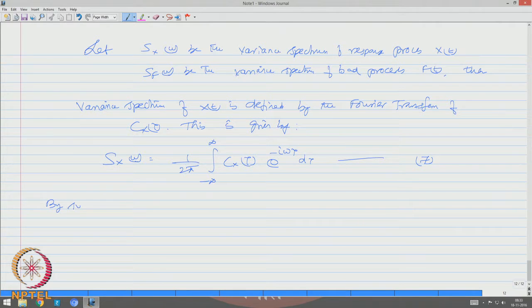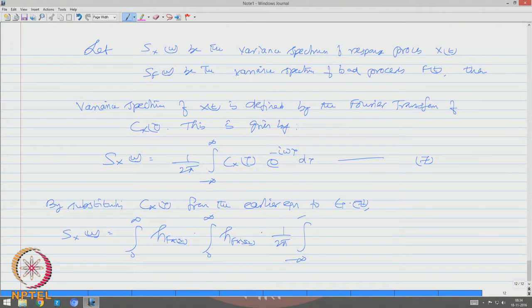Now, by substituting C_x(tau) from the earlier equation into equation 7, S_x(omega) now will be the integral 0 to infinity h_f(x,s1), the integral 0 to infinity h_f(x,s2), 1/2 pi integral minus infinity to plus infinity C_f(tau + s1 - s2) e^(-i omega tau) d tau ds2 ds1.